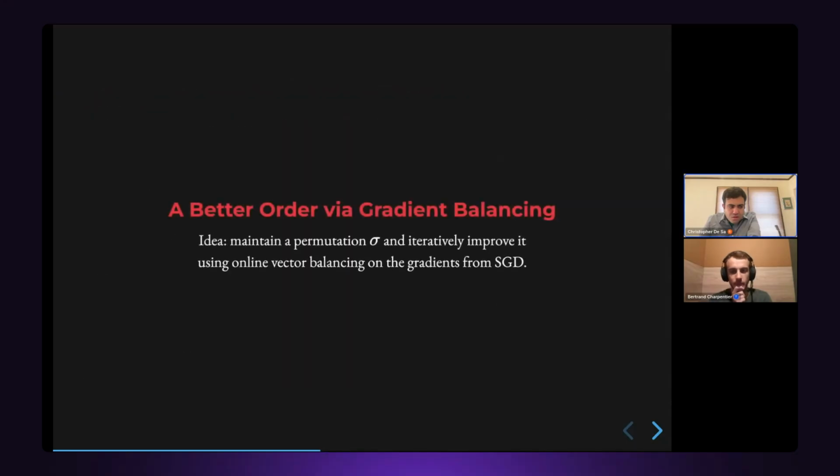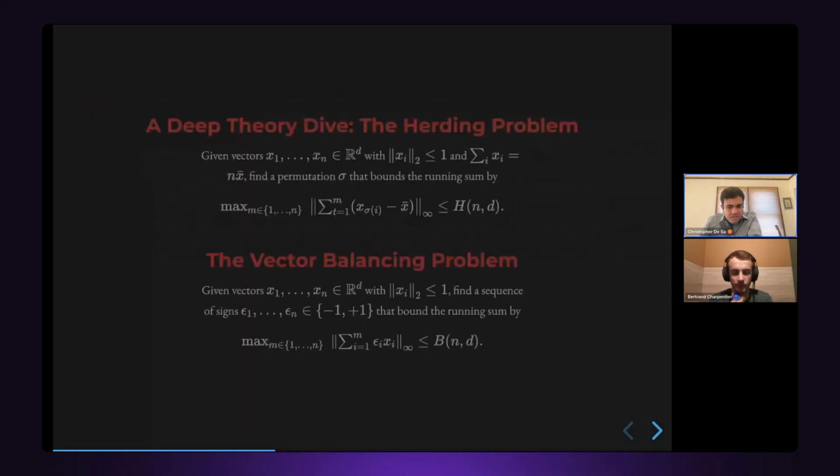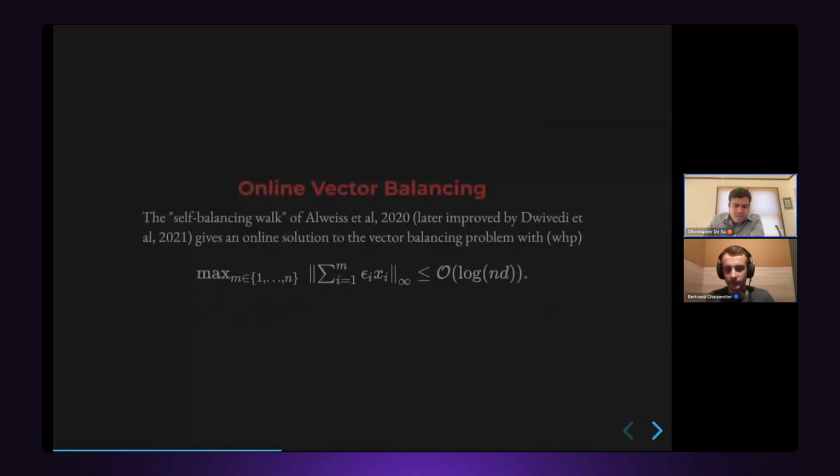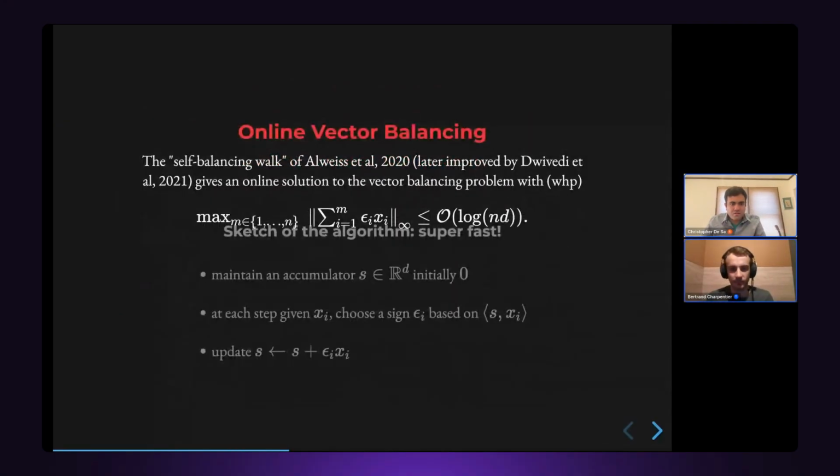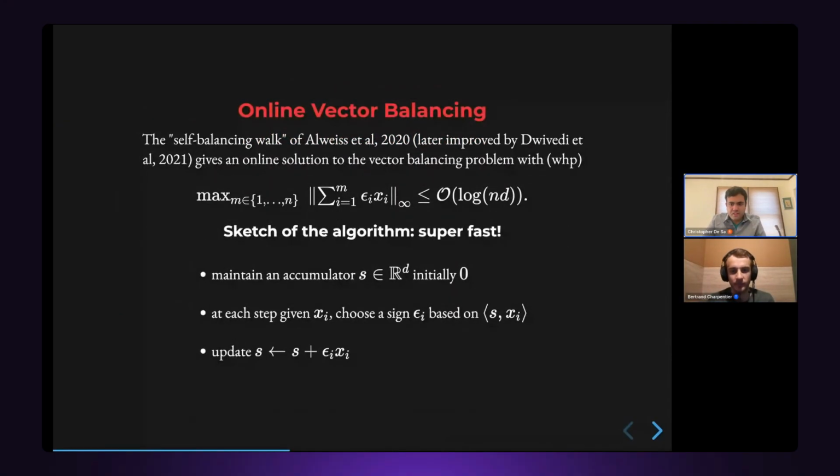Yeah, so in terms of where it came from, what I was thinking about was basically the online vector balancing algorithm. Because I always used to think that you could do a lot with error feedback, but that the error feedback needed to be sophisticated or complicated or somehow learned.